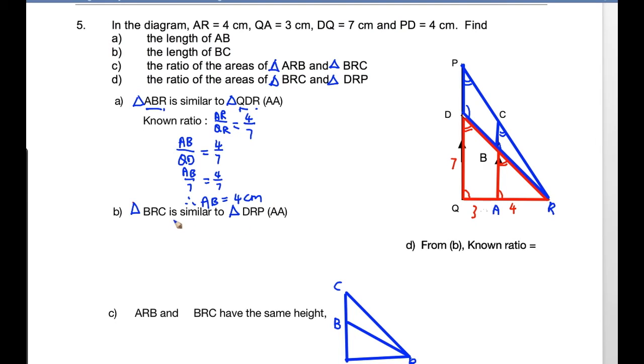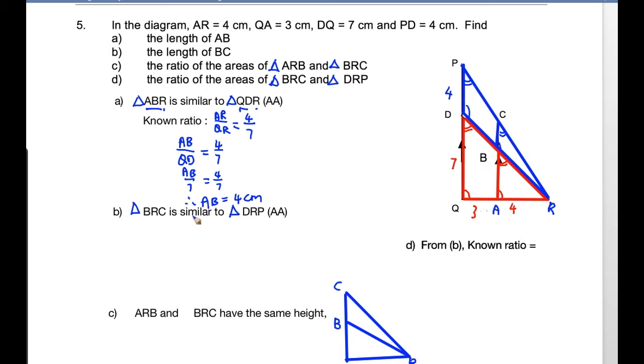In the second part, we are looking at the triangle BRC and the triangle DRP, and we use this to find the length of BC. As you can see, these two triangles share the same side with the first set of triangles. Therefore, the ratio of corresponding sides is the same as the first set of triangles, that is 4/7.